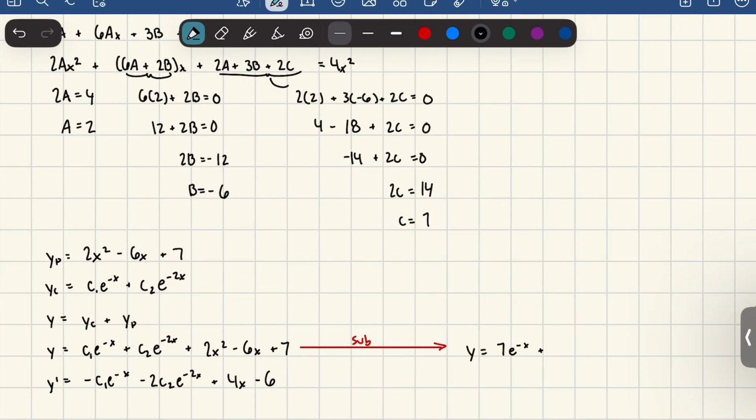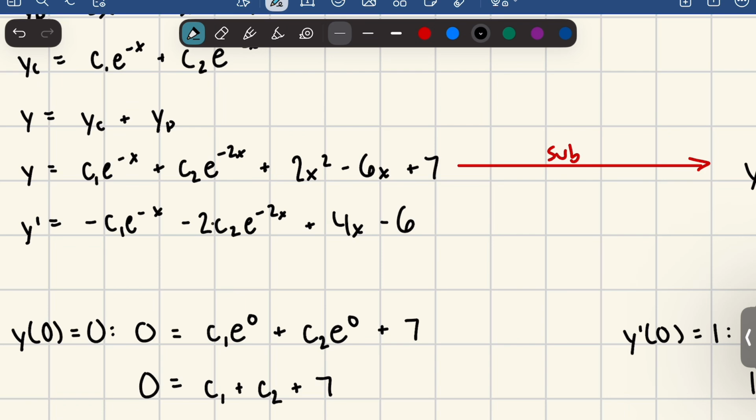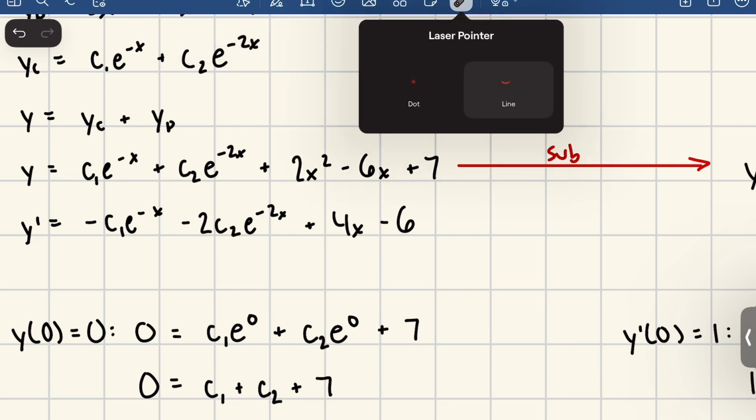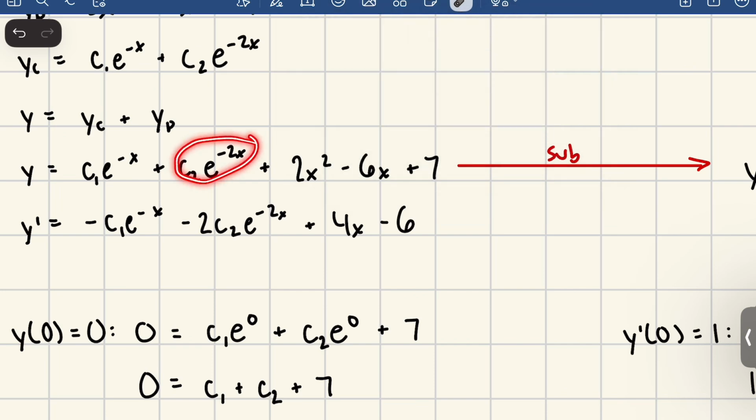C2 is 0, so this whole thing is gonna be 0, like 0 times everything, so that's not even gonna be there. Oh sorry, I mean this one up here, not that one below. I keep on looking at the y prime. That comes out to 0, so that's gonna be gone. So if I take that out, plus 2x squared minus 6x plus 7.